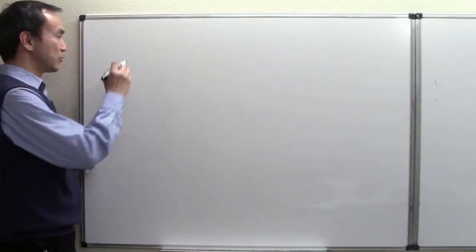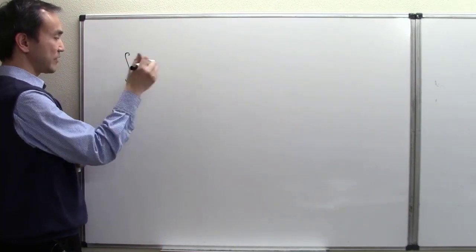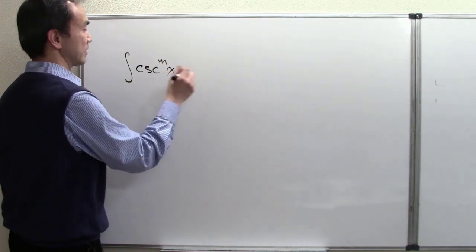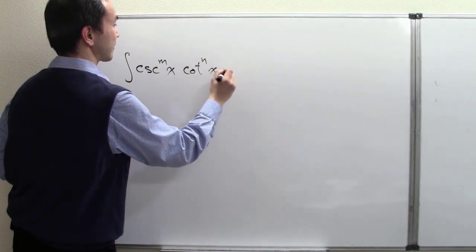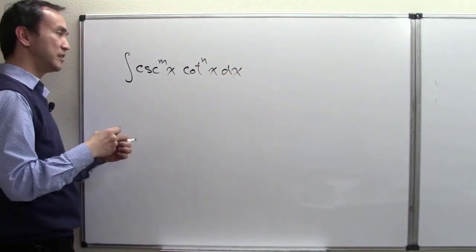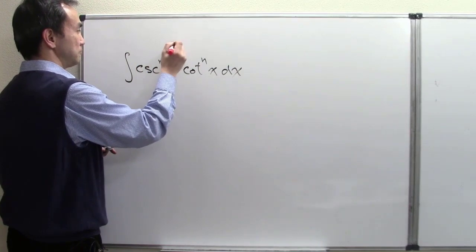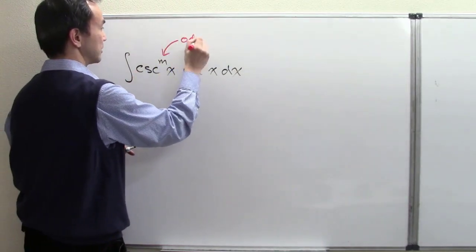All right, so now we are ready to look at the next case right here. That same integral where we have a power for the cosecant in product with a power for the cotangent. But now in this integral, I want to focus on the case where the power m right here is odd.